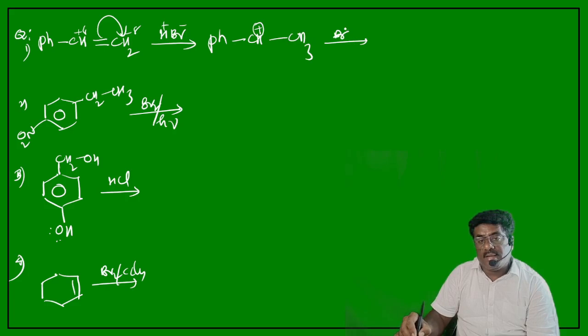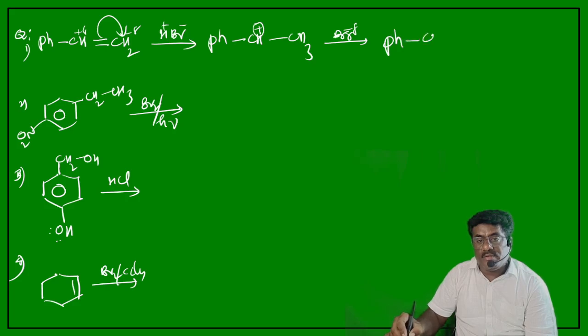Br minus attacks the positive charge. It gives Ph CH Br CH3. This is our required product.